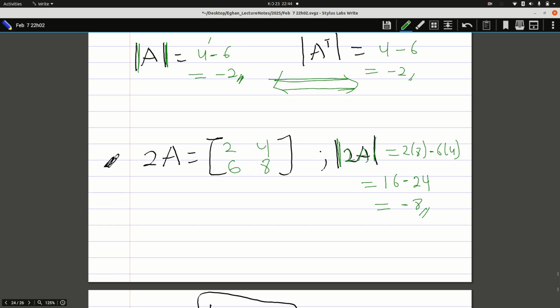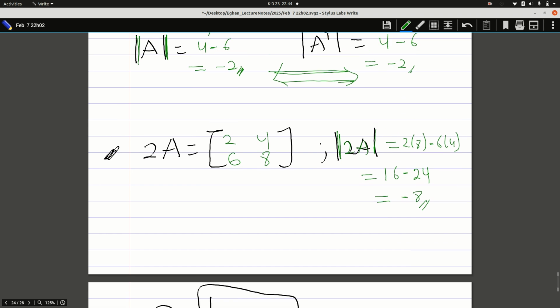Let's continue. We want to verify. So assuming I don't want to go through 2A first, it says, what's the dimension of A? Dimension of A is 2 by 2. It means for 2A, I'm expected to get 2 to the power 2 and then determinant of A. I've already found the determinant of A, which is negative 2.